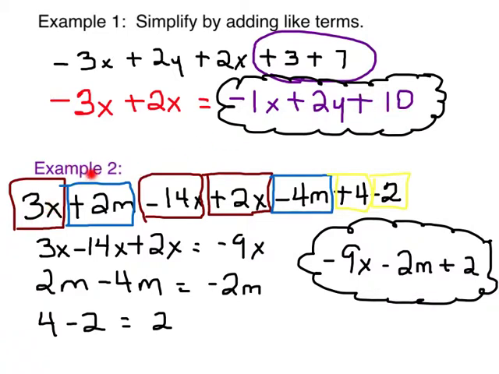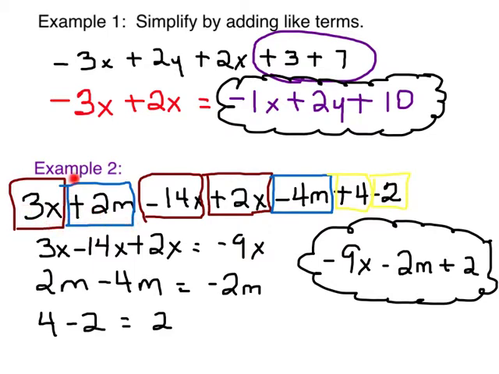In this example, I did it a little bit differently. I put different colored boxes around terms that could be added together to kind of help me keep it straight. Alright, so x's and m's don't represent the same number, so they can't be added together. They're not like terms.